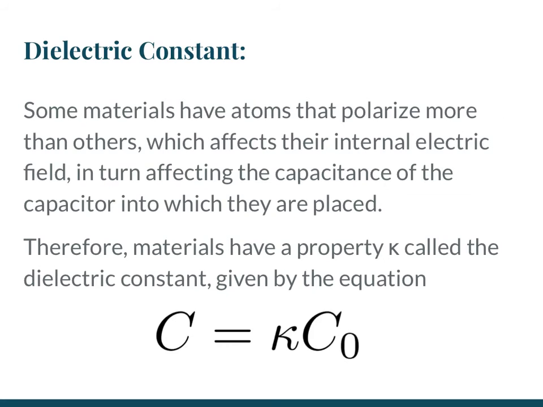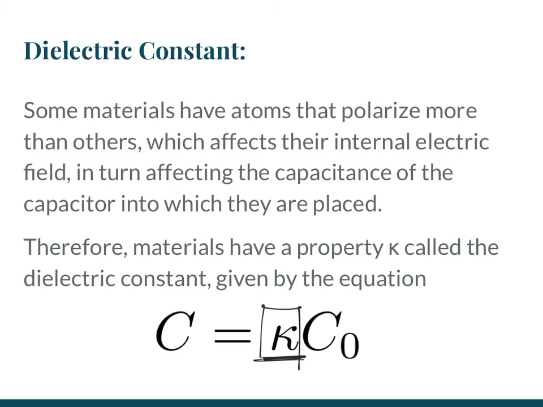And to figure out just how much the dielectric affects that capacitance, you have to know the dielectric constant, which is this variable kappa. So different materials have different types of atoms, and the different types of atoms become more or less polarized in an electric field just due to their properties and their charge distribution and their electron orbitals and all sorts of crazy stuff. So each material is assigned a value that's called the dielectric constant.